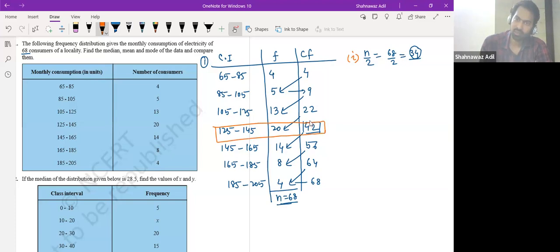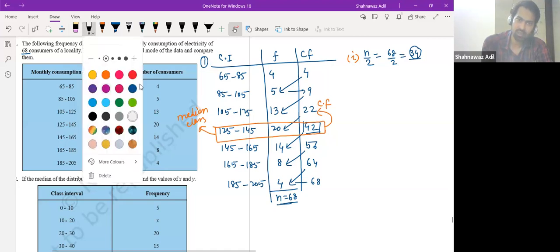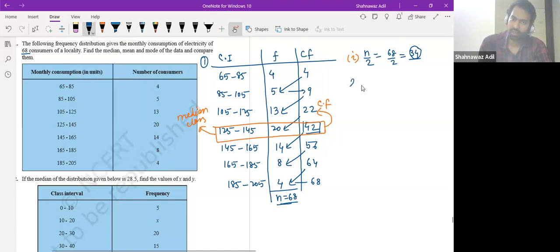This is our median class, right? This is our median class, and this would be our CF, right? So let us write all the values first. So L is 125, right?